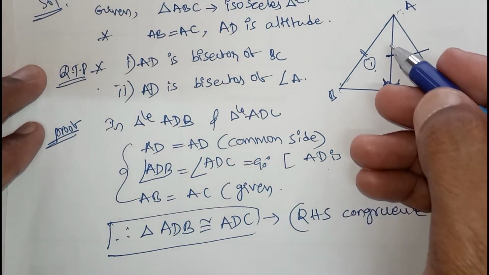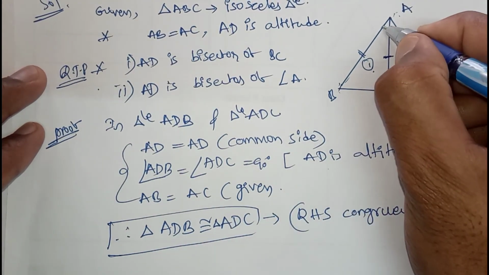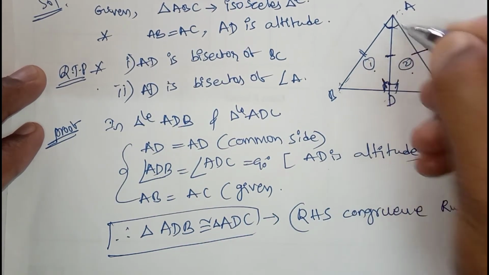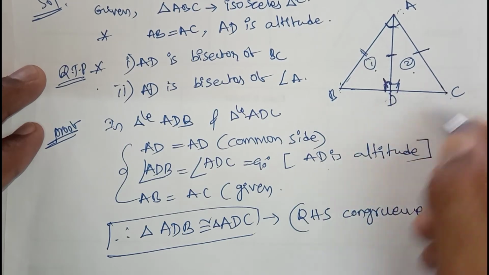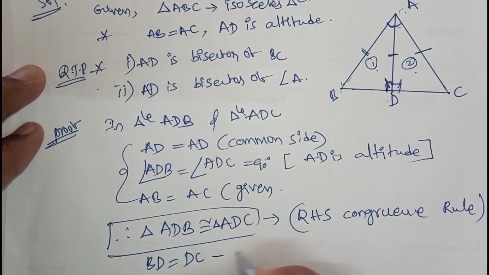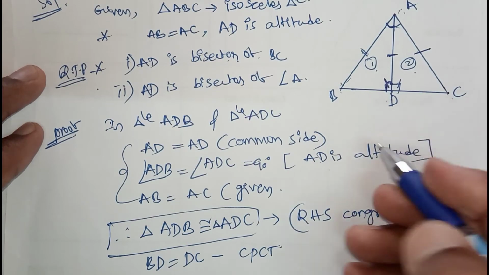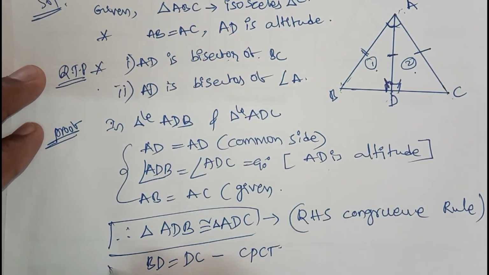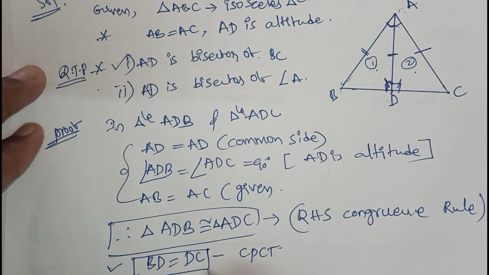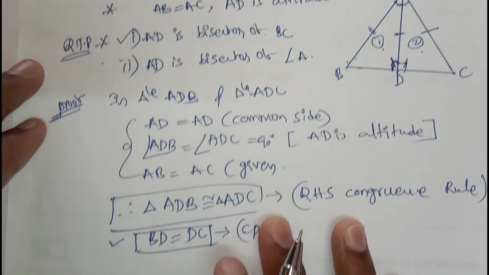Now these two triangles are congruent, so we can take their corresponding parts as equal, that is BD equal to DC by CPCT. AD is the bisector of BC. First bit is over. This is by CPCT, corresponding parts of congruent triangles.